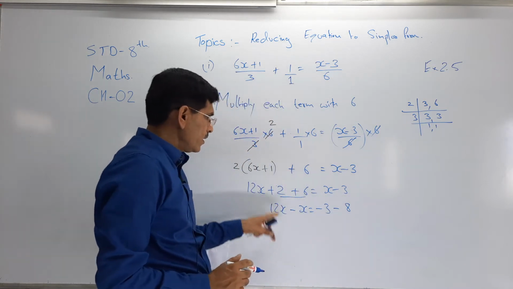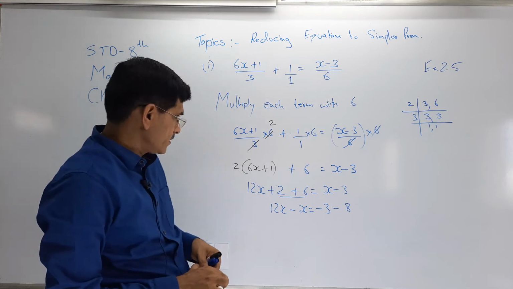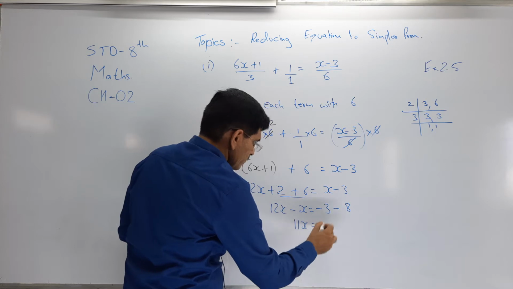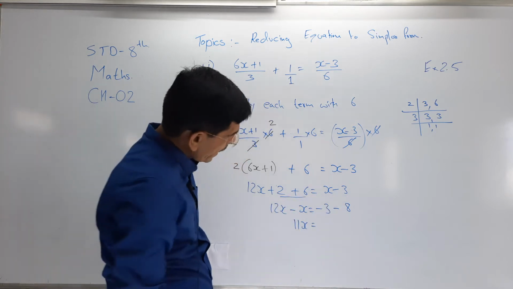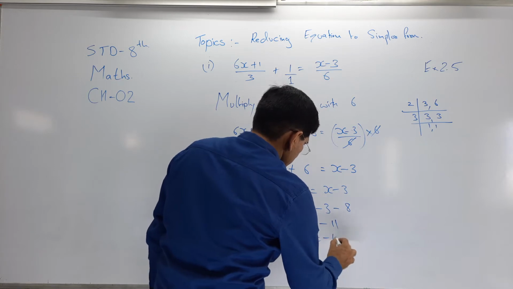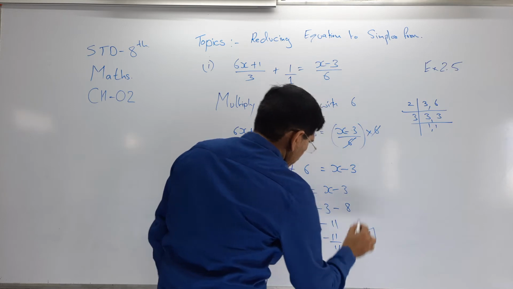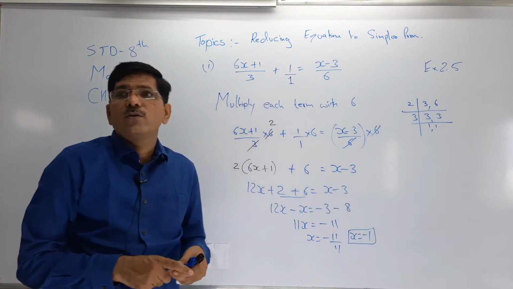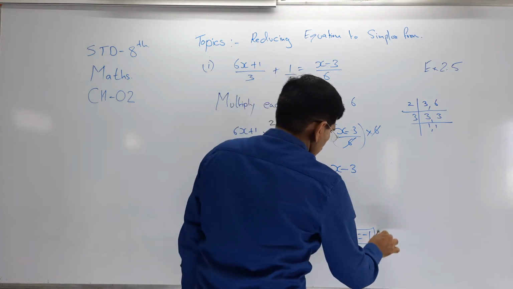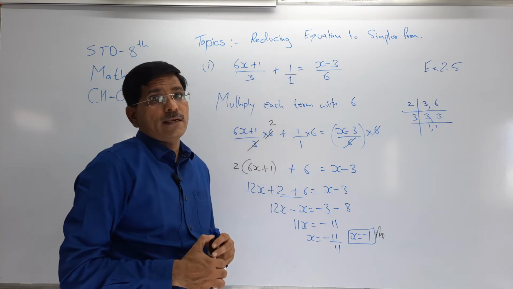Now 12x minus x is 11x. Minus 3 minus 8 is minus 11. Therefore x is equal to minus 1. That is my answer. Always write the answer in a square bracket. That is the most important, because we can check easily.